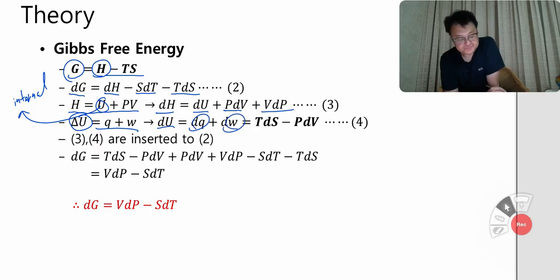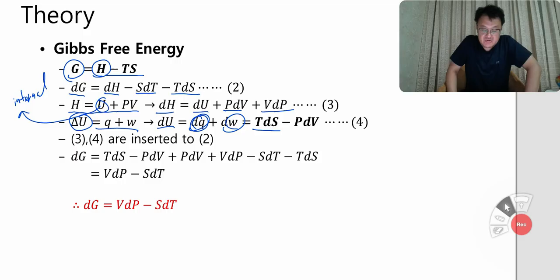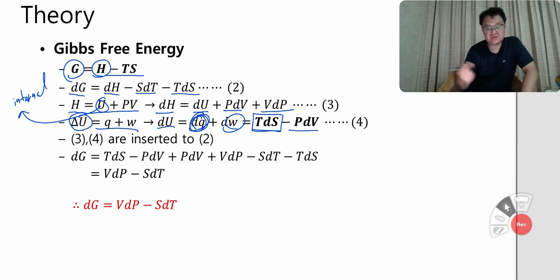I just want to mention that dq is TdS in the reversible process. I don't want to go into too much detail about this issue; you are probably going to learn about it in physical chemistry 2 class.